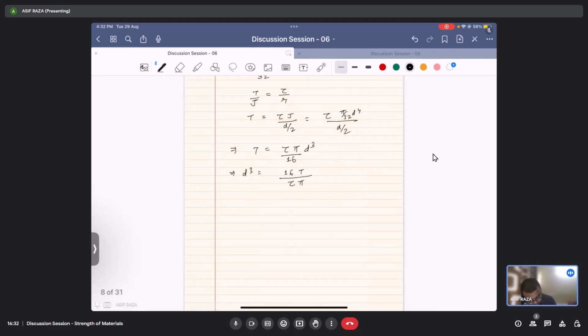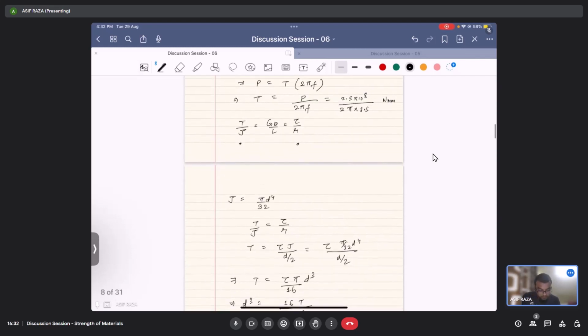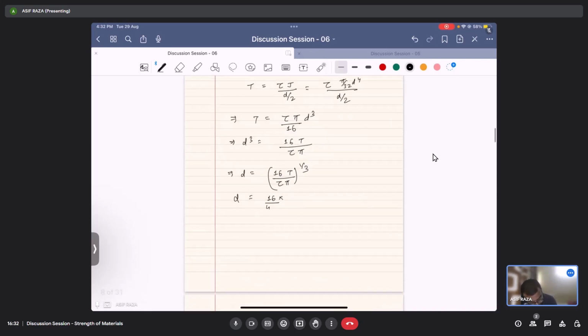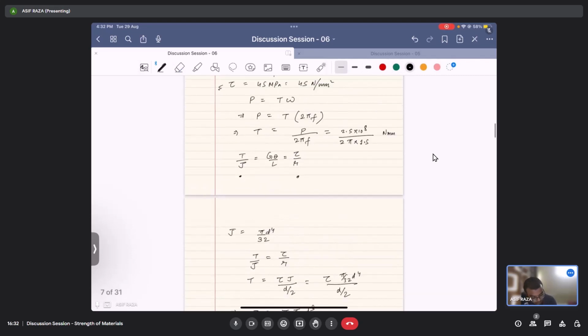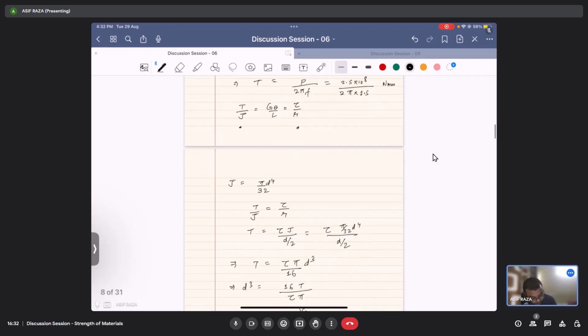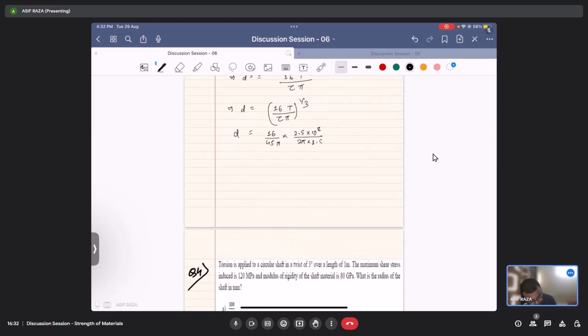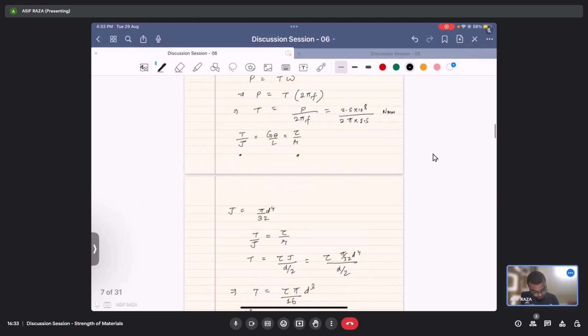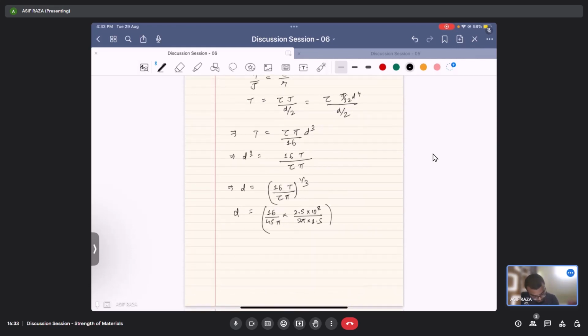Let us substitute it again. Now D would be equal to 16 T by tau pi to the power 1 by 3, and let us substitute all the values. 16 tau is 45, by T is 2.5 into 10 to the power 8 upon 2 pi into 1.5. Yeah, okay. So let us calculate this.